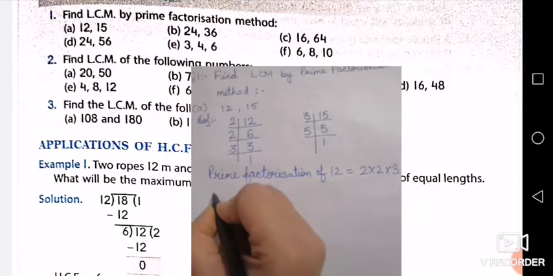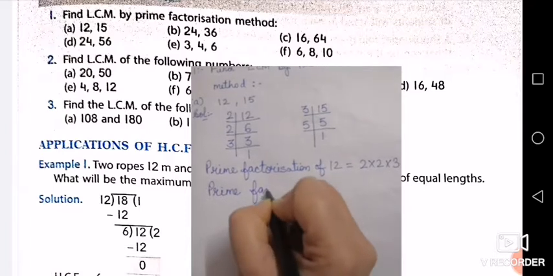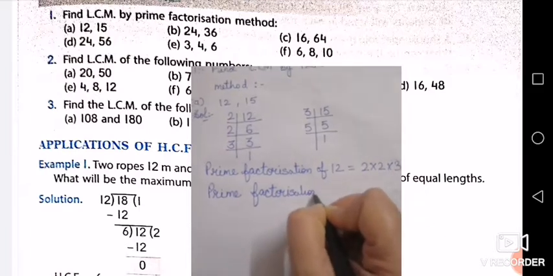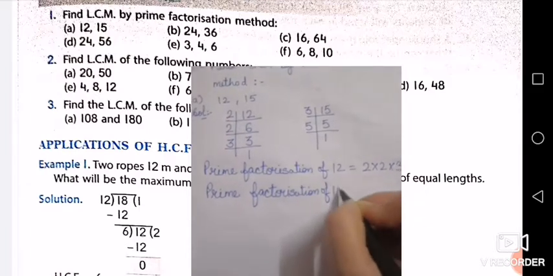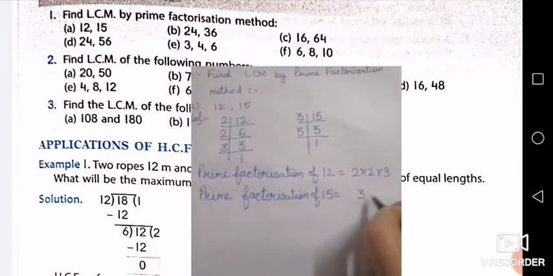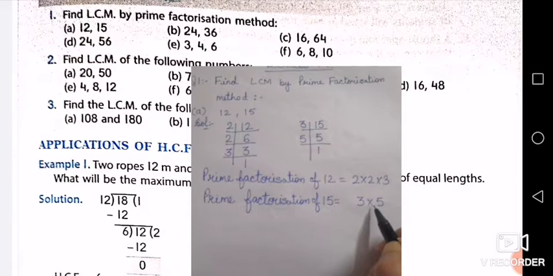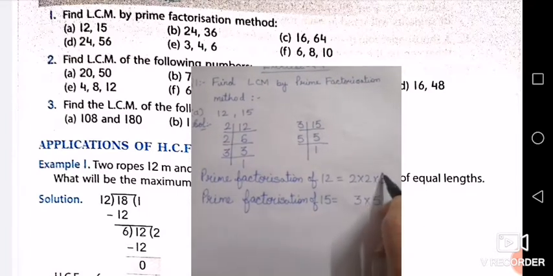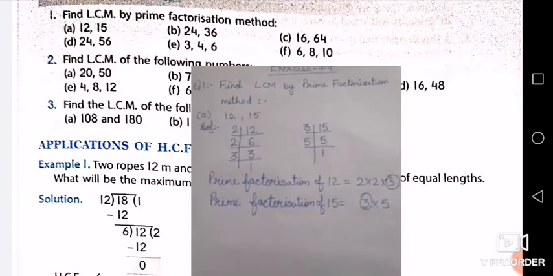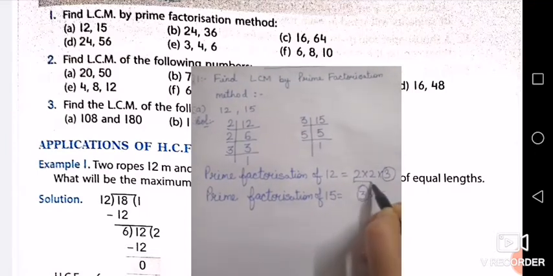Next step is to write the prime factorization of the second number, that is 15: 3 multiplied by 5. So out of these two prime factorizations, you can find only one common factor, that is 3, and the rest of the numbers are not common.